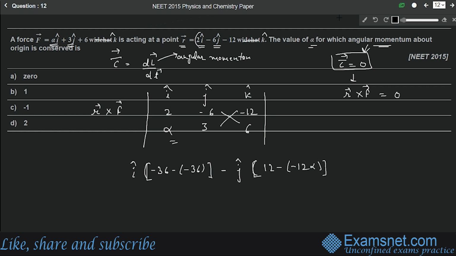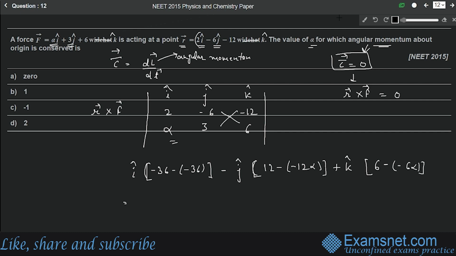Now we have k cap. For k cap, we hide the k column and cross multiply i and j. So 2 into 3, that means 6, minus alpha into minus 6, that means minus 6 alpha.